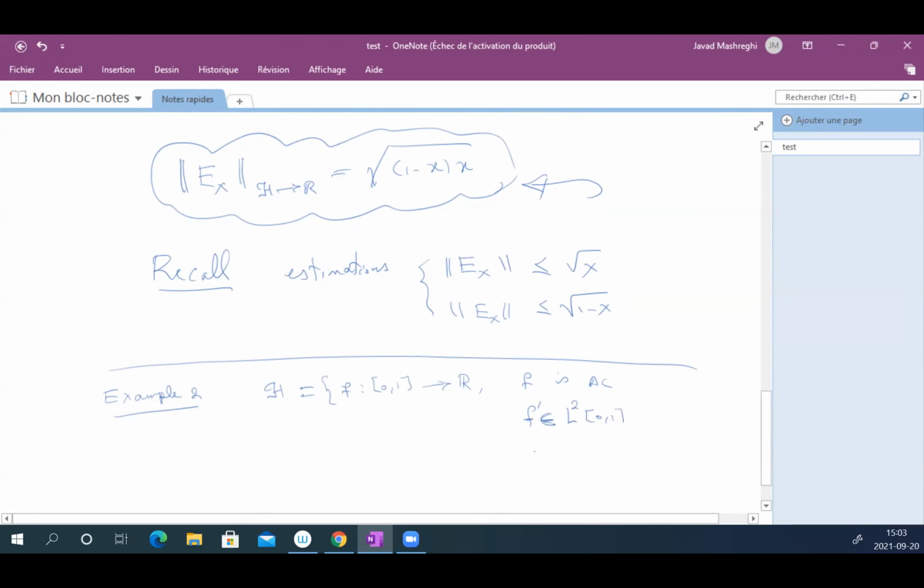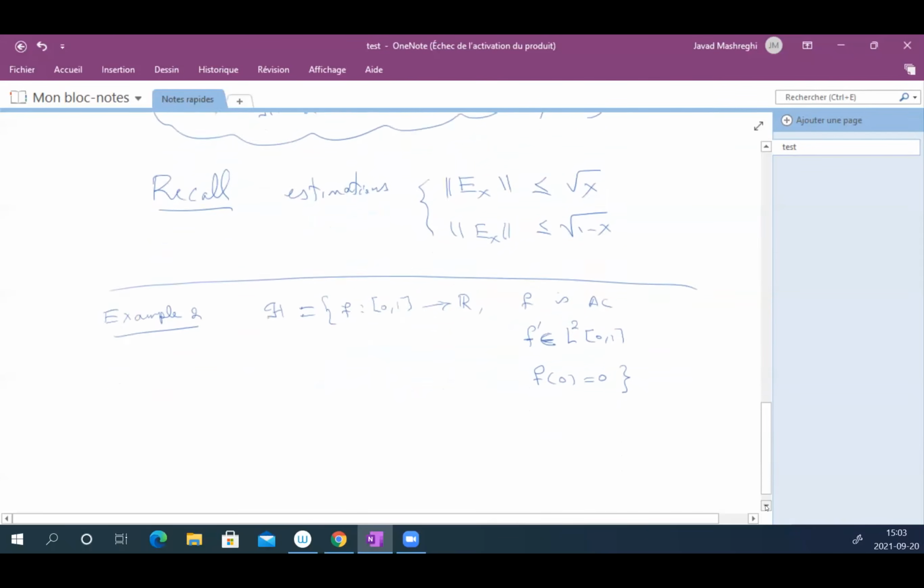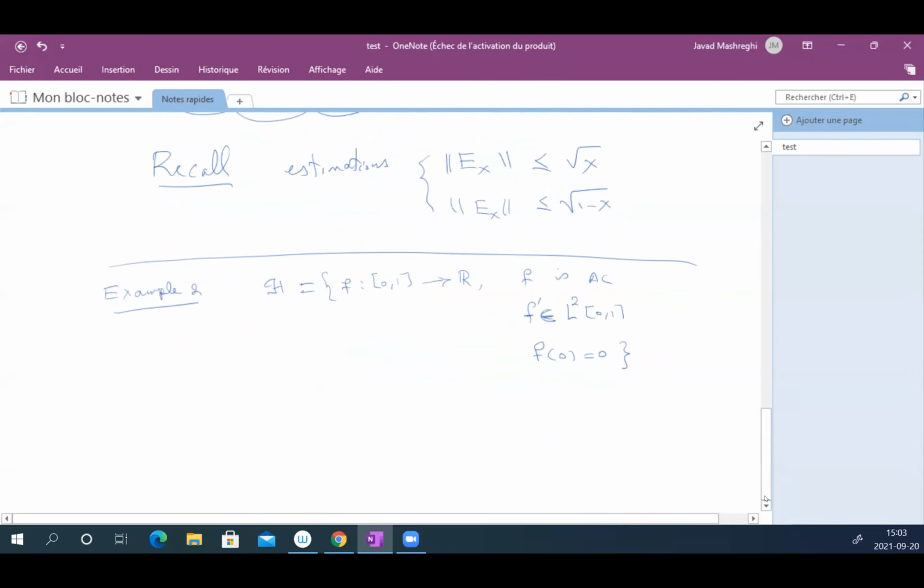And now I add just one boundary condition, F of 0 equal to 0. And immediately you see that there should be some problem.